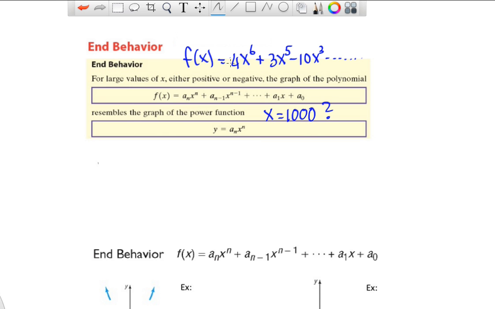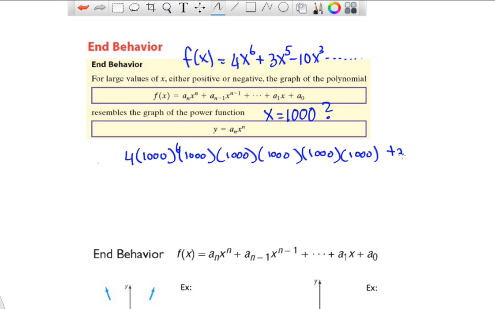If you look at this function, you would do 4 times 1,000 to the 6th. Now, 1,000 to the 6th means that you have 1,000 times 1,000 times 1,000 times another 1,000, and so on, up to the 6th.